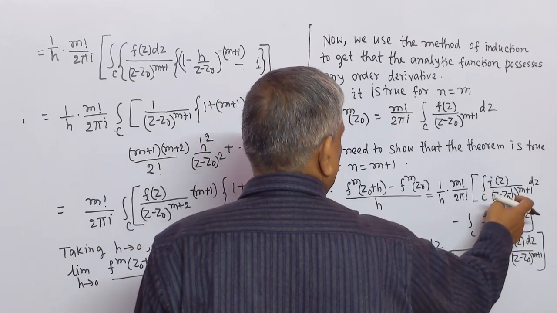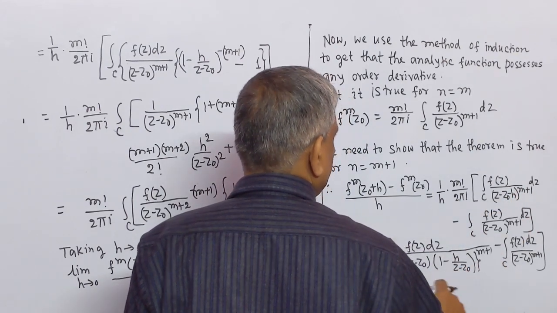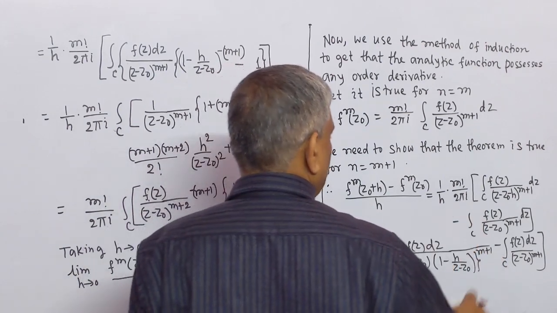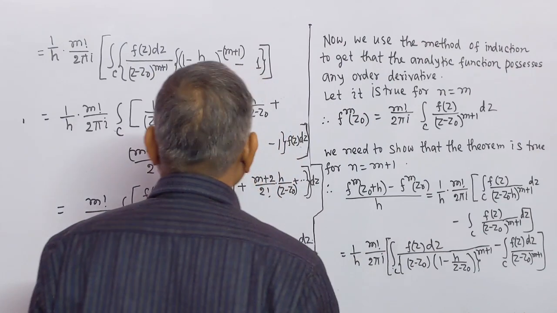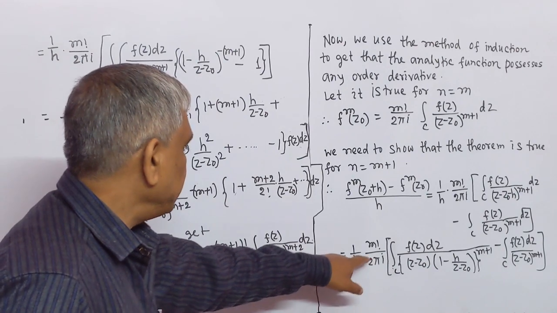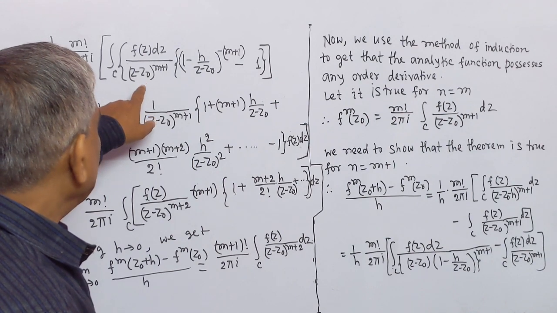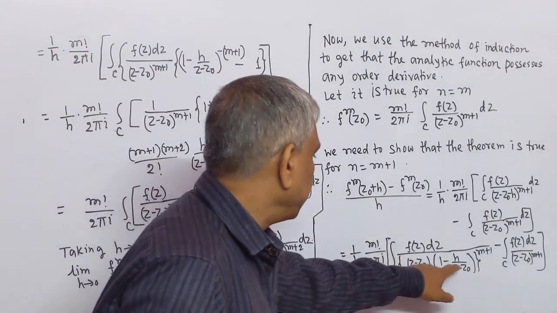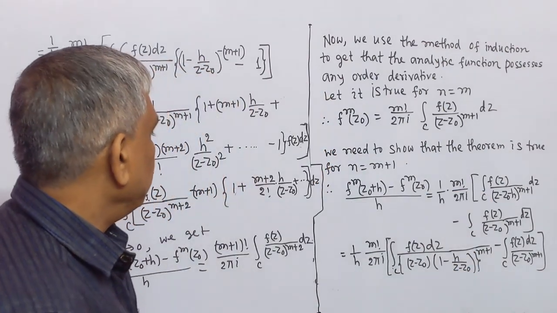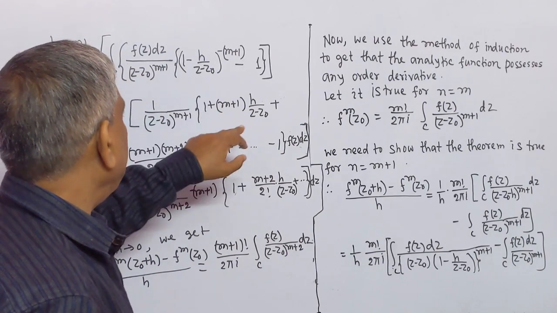Here we take common z minus z0, which remains 1 minus h by (z minus z0), whole to the power m plus 1. Only this power is written as negative. We take it as numerator and expand it using the binomial theorem.